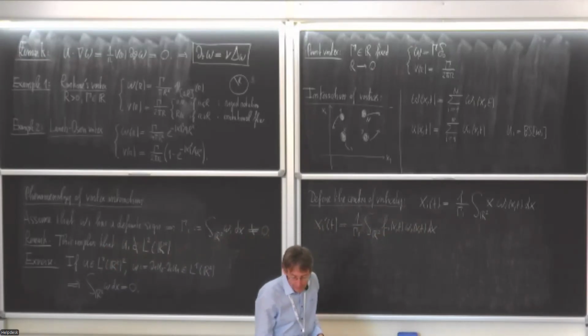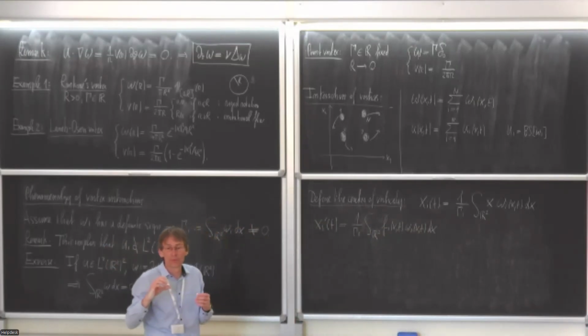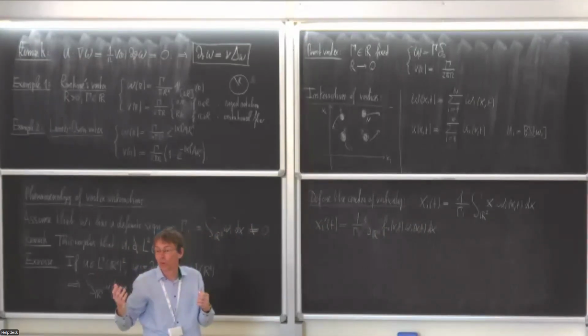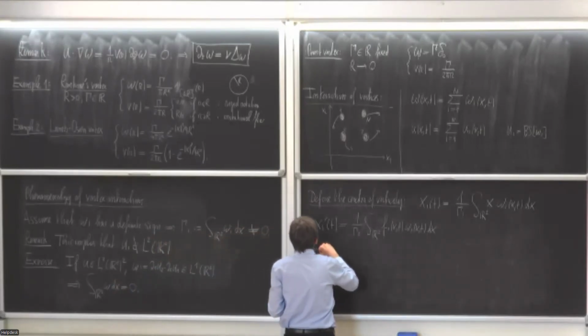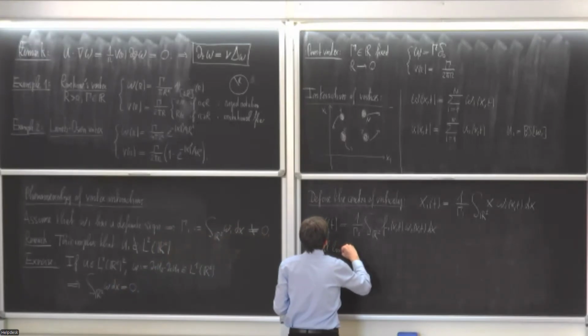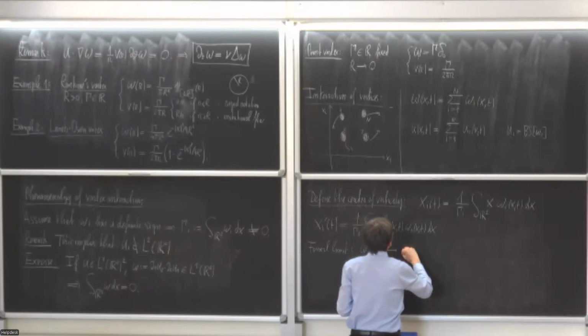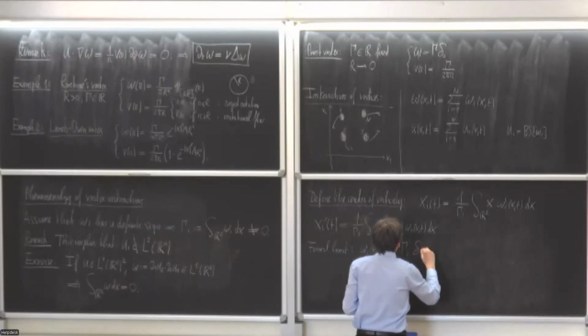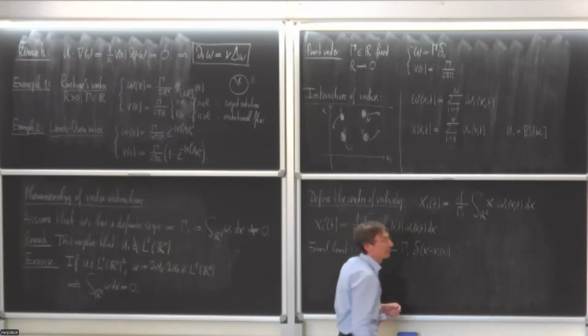And now what do you do with that? Let's consider the limiting case where the vortices become really very small compared to their distance, the limit where they converge to point vortices. So consider the formal limit where omega i(x,t) converges to gamma i delta(x minus xi(t)).